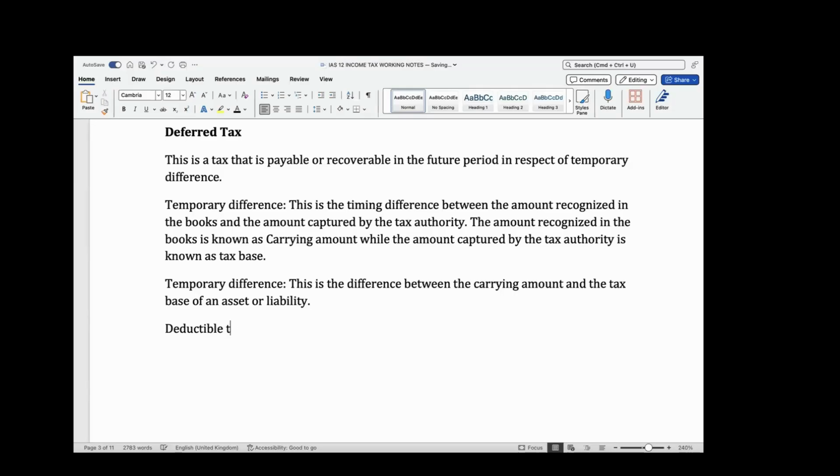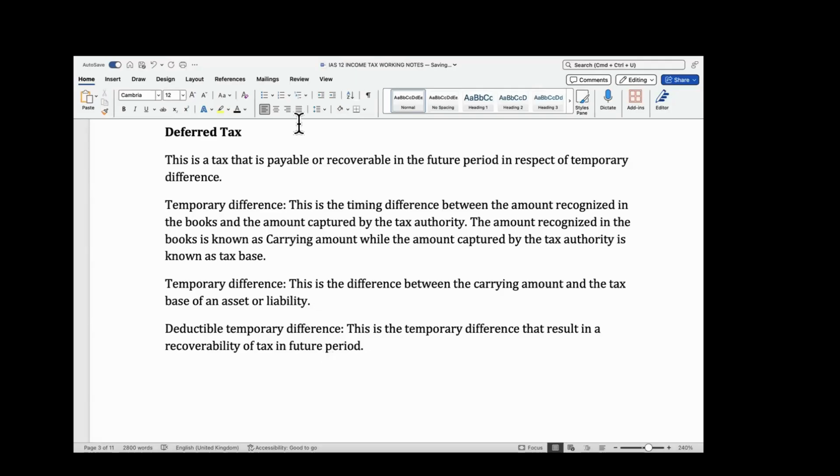This is a temporary difference that results in recoverability of tax in a future period.